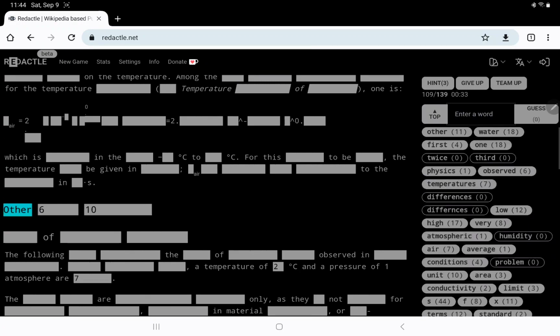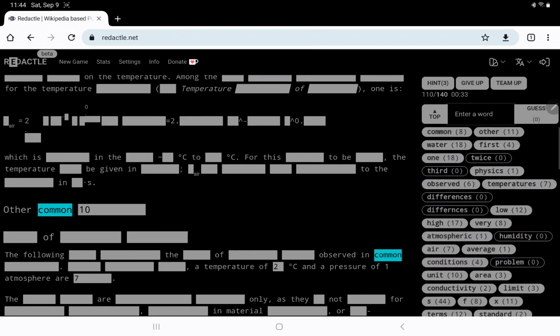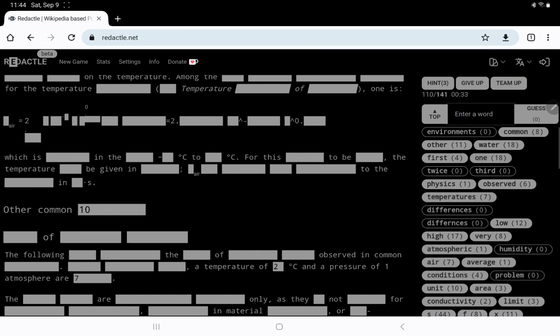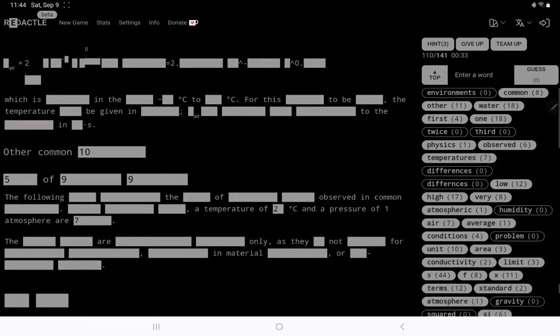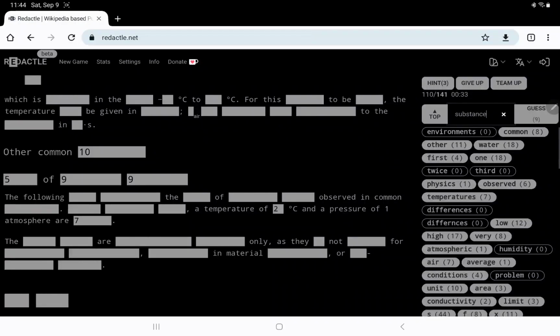Maybe other common environments. No other common materials or substances.